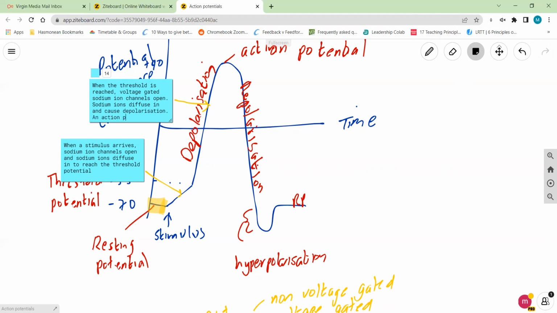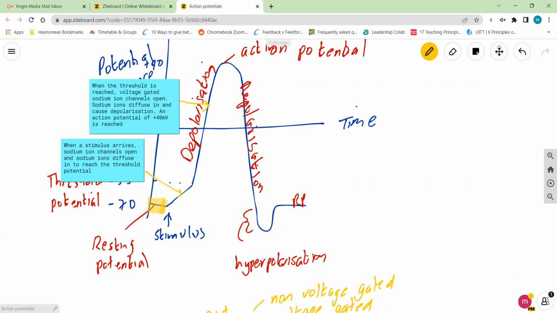An action potential of plus 40 millivolts is reached. Okay, so we've now got our depolarization process. So we then reach our action potential, and then we're going to have to try and get the potential difference back down to minus 70.